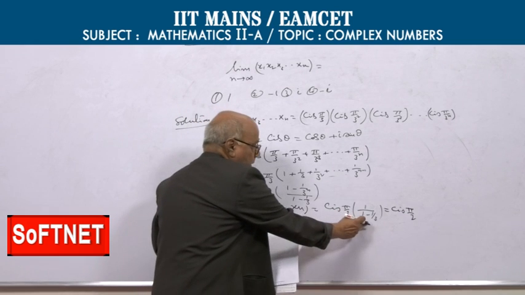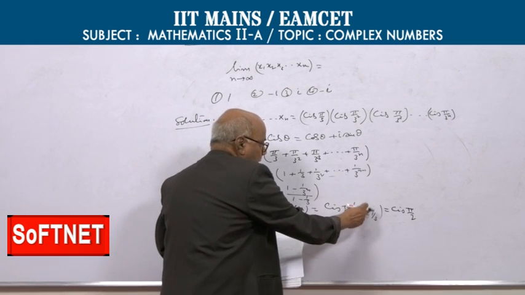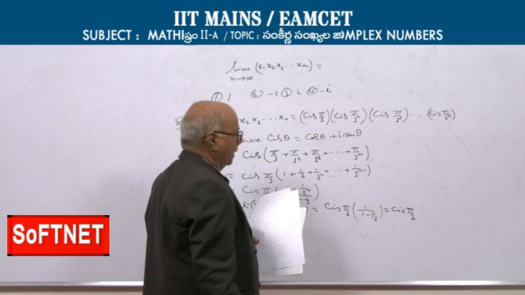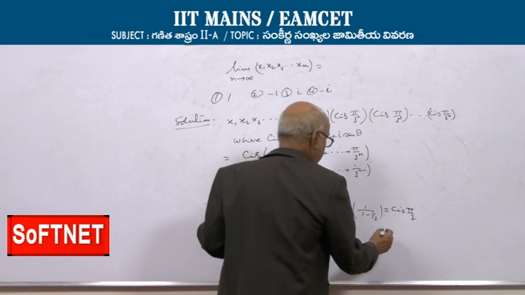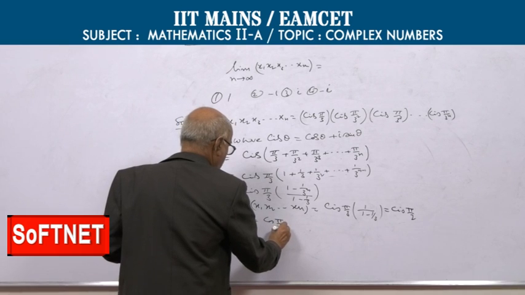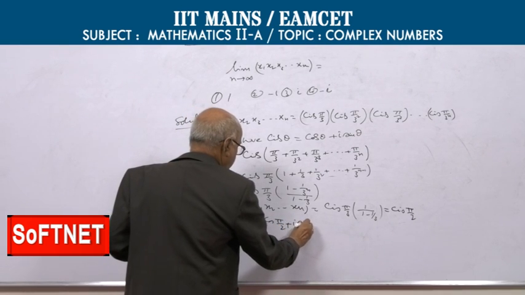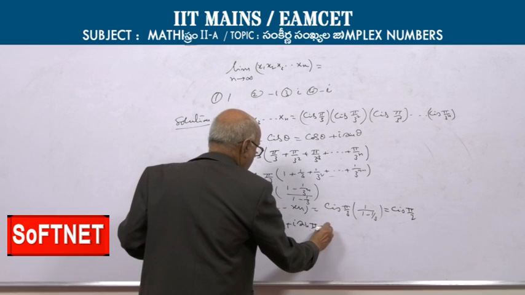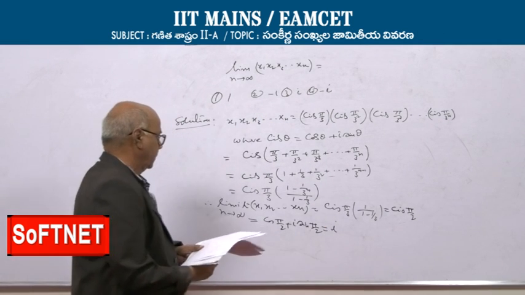If you simplify it, 3 by 2, the 3 will cancel, pi by 2. But cis pi by 2 means cos pi by 2 plus i sin pi by 2, which is nothing but i itself.